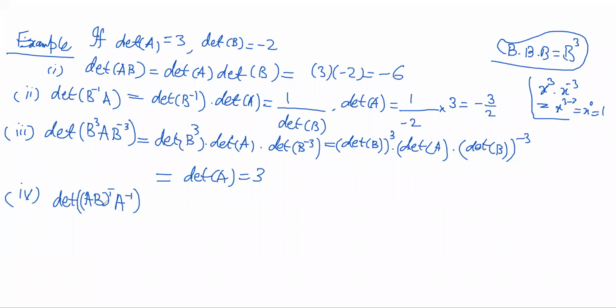So we take AB and then take its transpose and then multiply it by A inverse. First we separate the product: determinant of AB transpose, and then the determinant of A inverse.